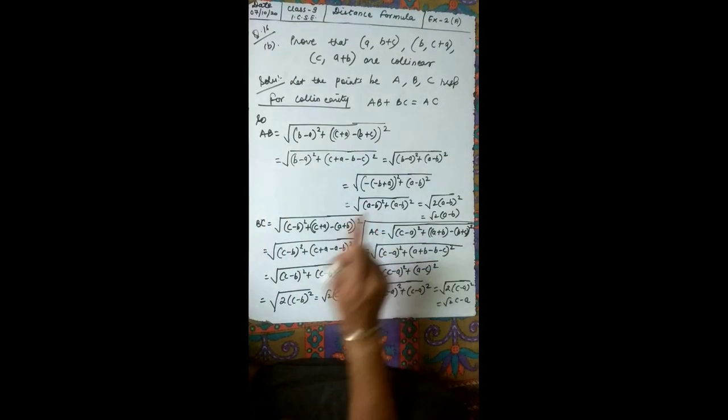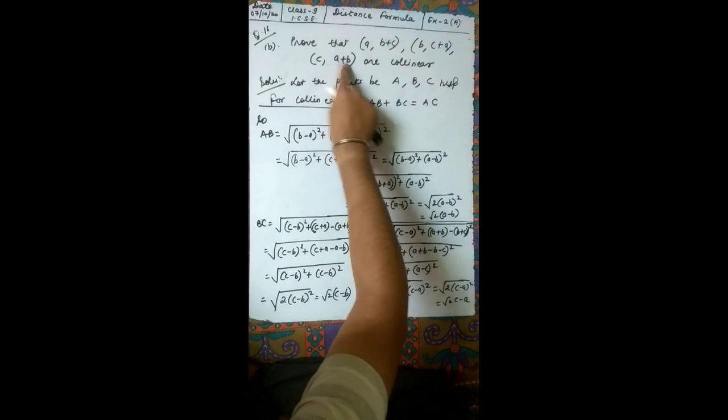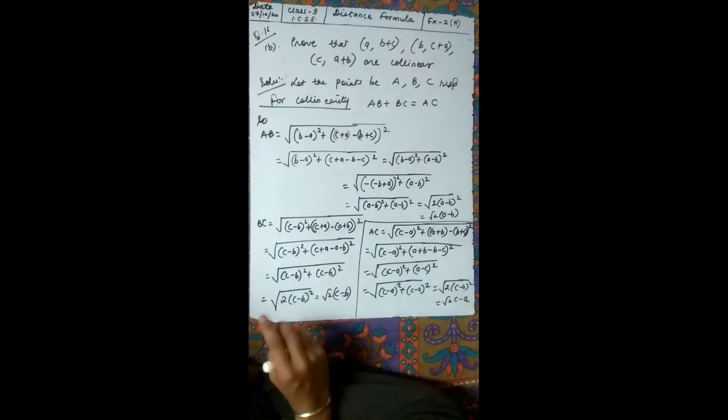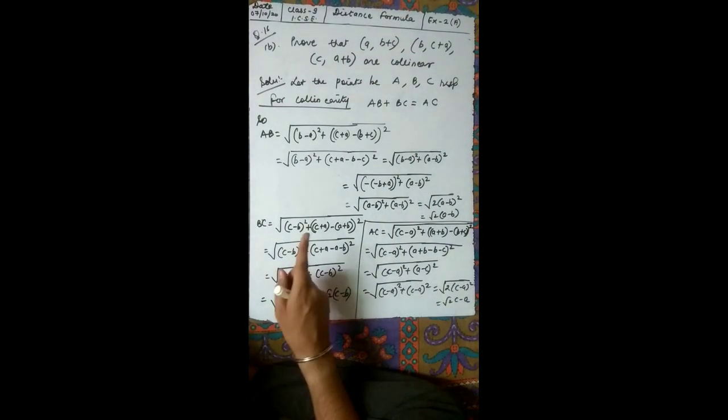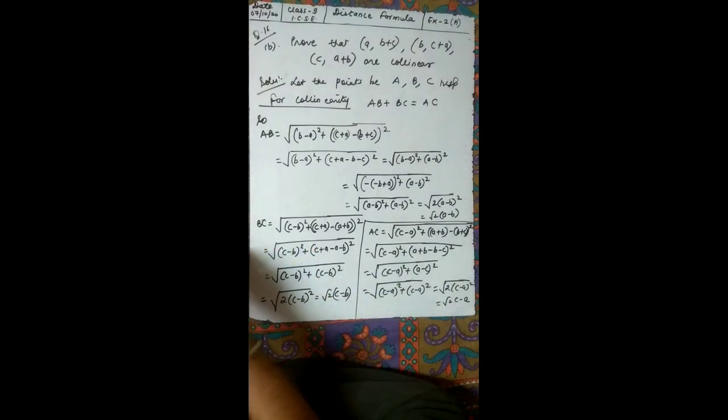Okay, now let us come to question number 16. It says to prove that the points (a, b plus c), (b, c plus a), (c, a plus b) are collinear. As I have explained the meaning of collinearity, collinear points are those points which lie on the same line.